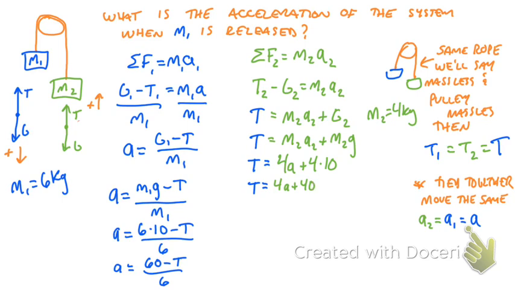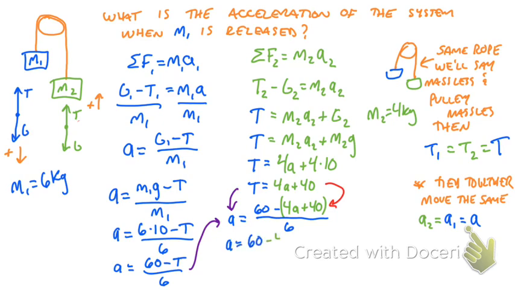Now at this point, we need to combine these two equations. And we get a equals 60 minus the 4a plus 40 over 6. Remember to put a quantity around that. So we get 60 minus 4a, and then is it plus 40 or minus 40? Remember, it's minus 40. We have to distribute that minus sign.